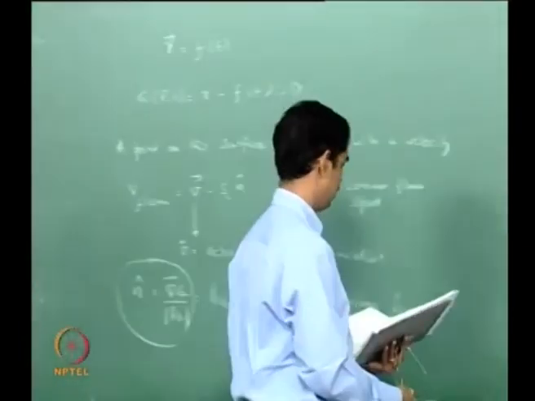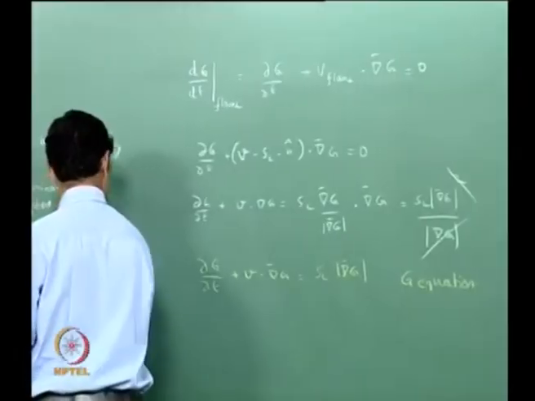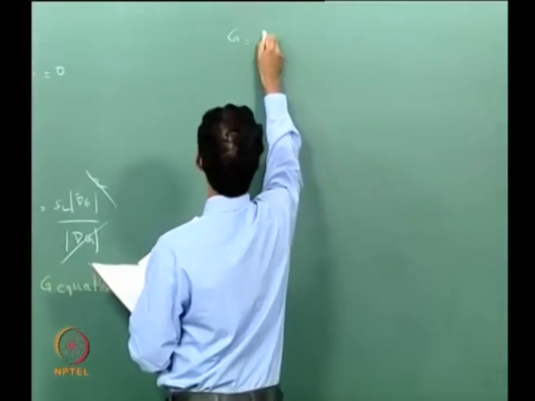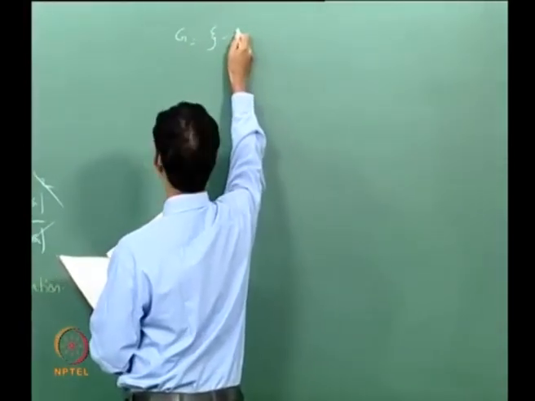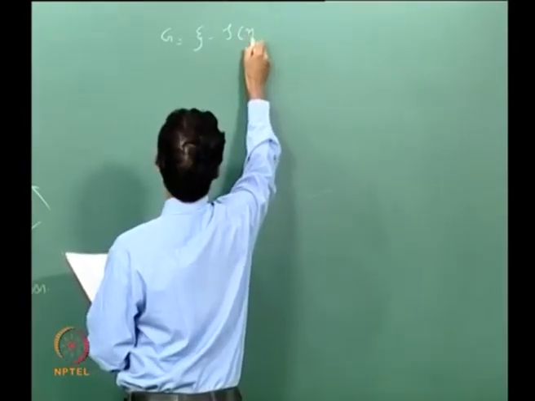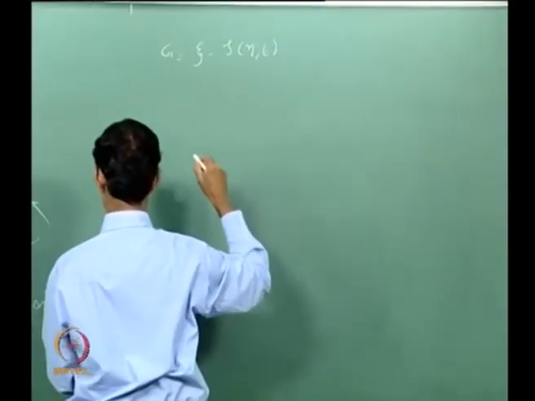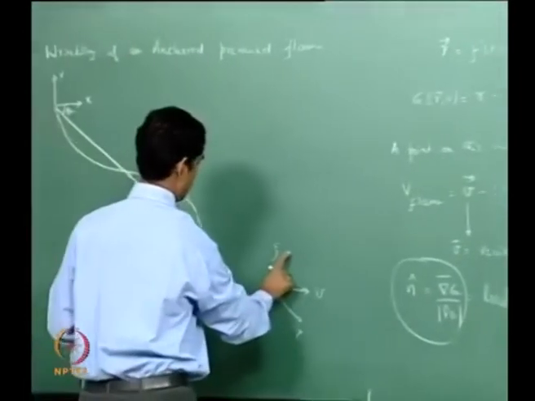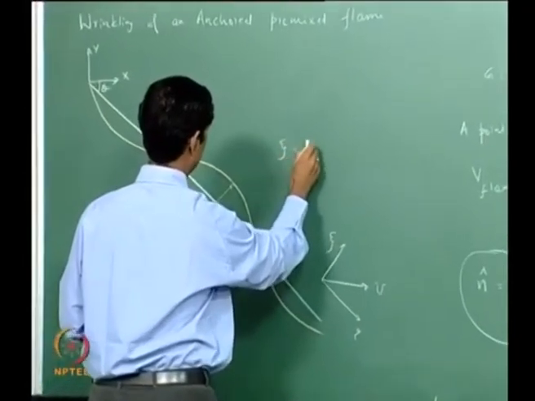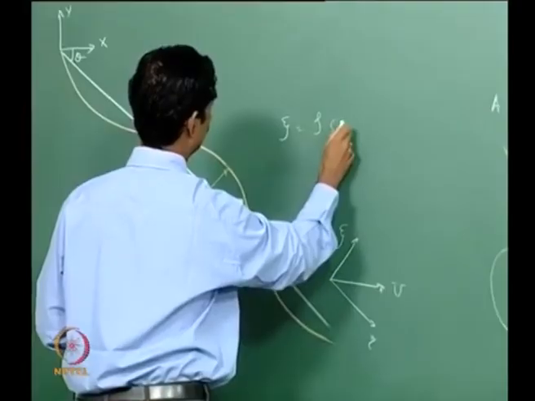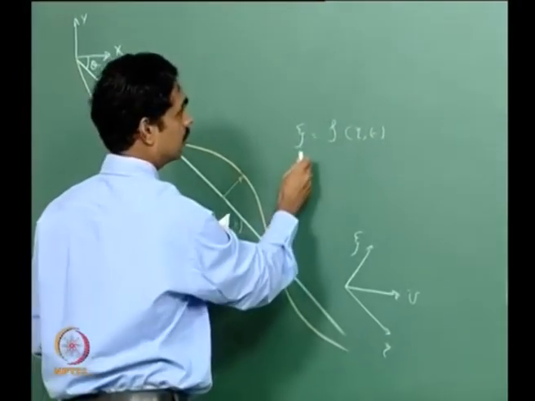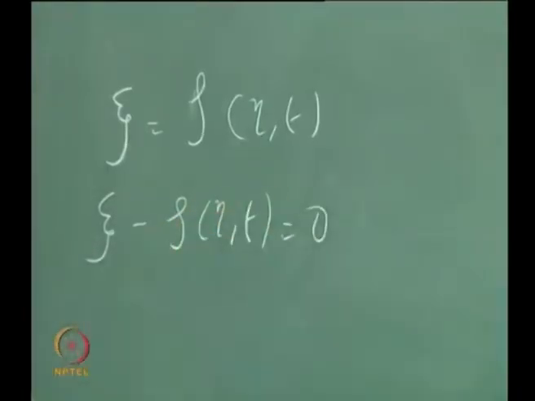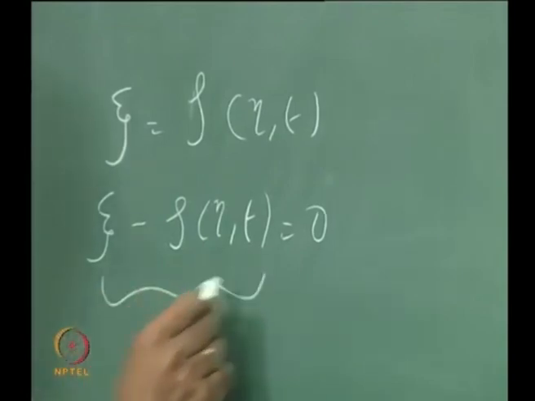So our G can be thought of as, see this is the coordinate psi, so we can say psi equal to zeta of eta comma t. So we can say psi minus zeta of eta comma t equal to 0, and we can say this is G.